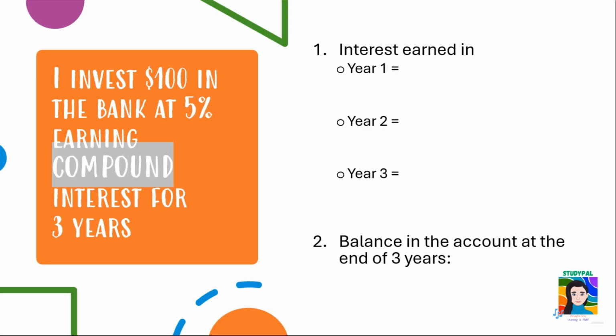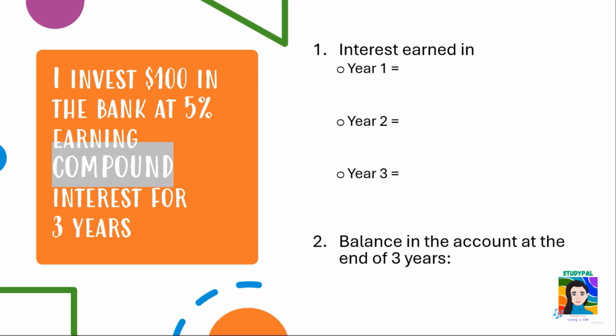Okay, so here's the question for compound interest. Same case as before, $100 invested at 5% compound interest for 3 years. Now, what is the interest earned in year 1? This will be the same as the interest earned using simple interest. Why?